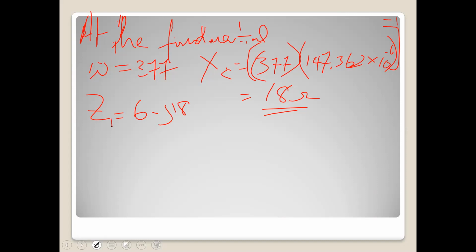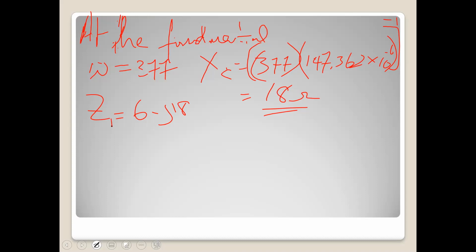As we said in lesson 1, we must always be working in radians. So we want to convert 6 minus j18 to polar.